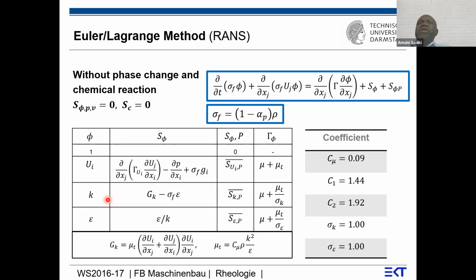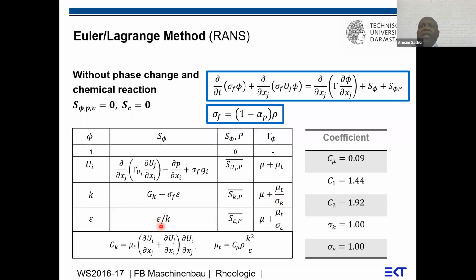And in the case we did with the k-epsilon model, then we have also the source terms, these non-convective source terms. We have this one and this. This is also related to the turbulent part, and this one is the source term, and the diffusion part is this one.